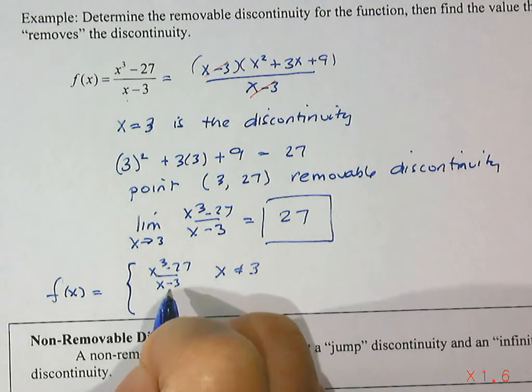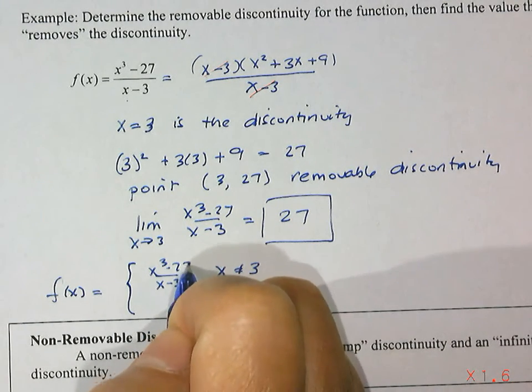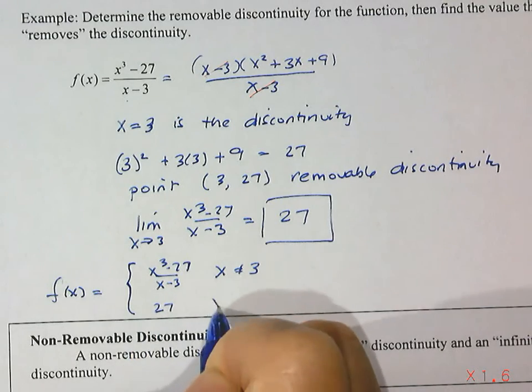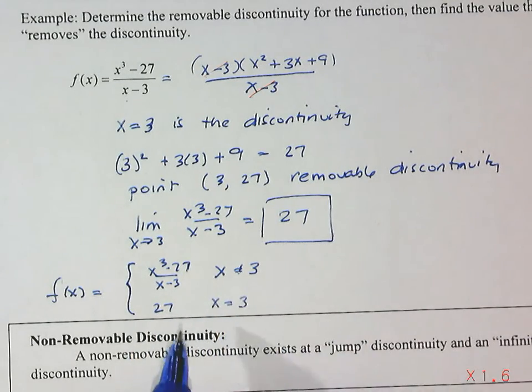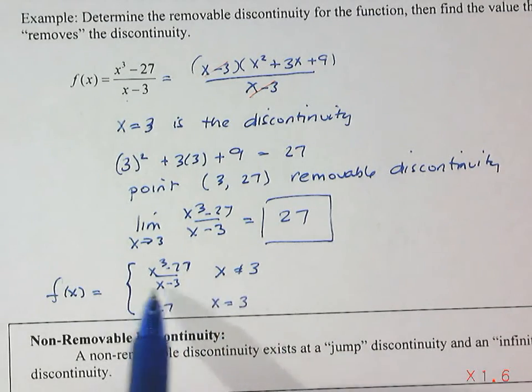Then I would want it to equal 27 when x equals 3. So you're basically taking this discontinuity that's created here and plugging it up with this value.